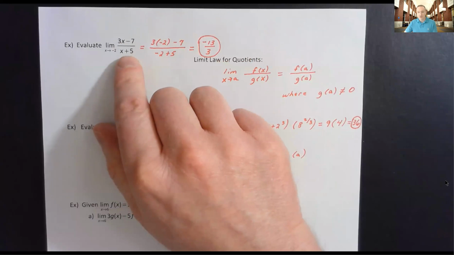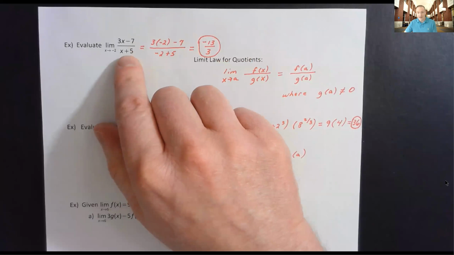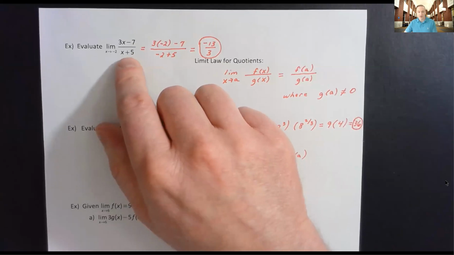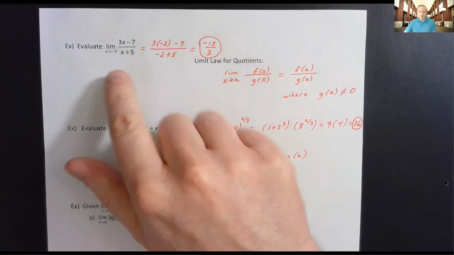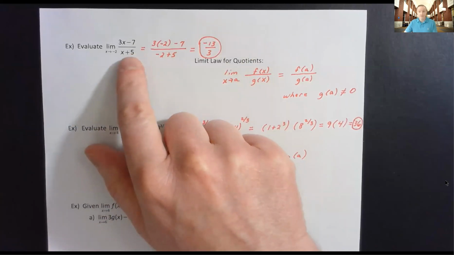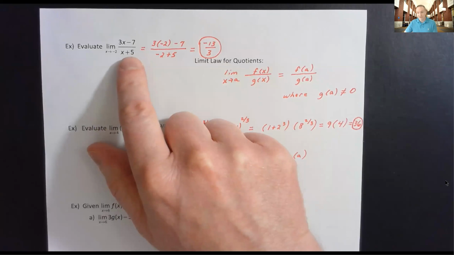This rational function does not exist at negative 5, so you would have to analyze what happens as x approaches negative 5 from the left, what happens as x approaches negative 5 from the right. I believe in that case, you'd find the overall limit does not exist because one side's going to go to negative infinity and the other side's going to go to positive infinity.